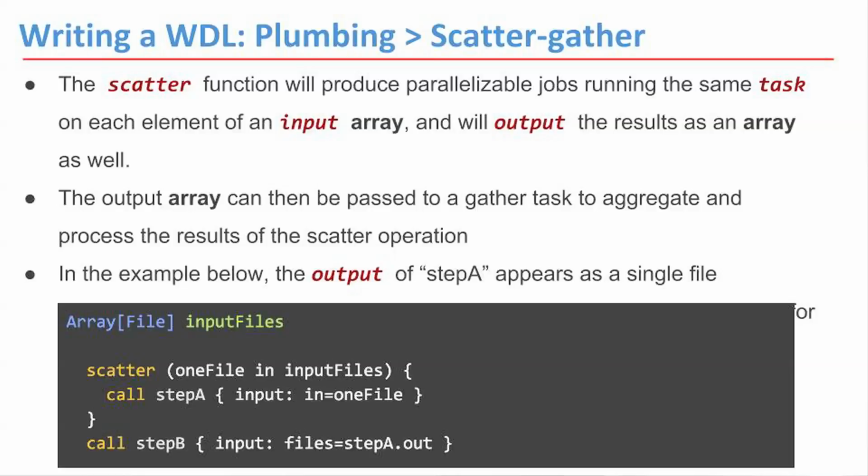Then you'll scatter: for each of the files in that array, you run step A. The output is in fact going to be an output array of all the outputs from running each step A, and that can serve as input to a downstream gather task.